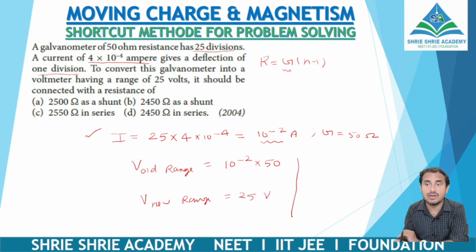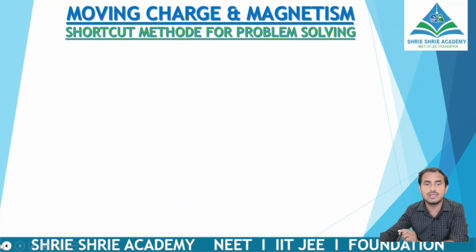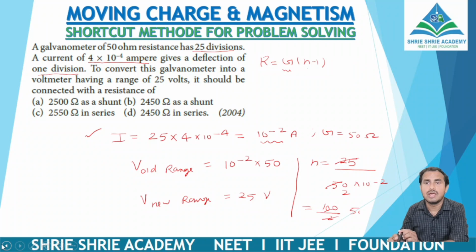So the N value is the new range by old range. New range is 25 volt. Old range is 50 into 10 to the power minus 2. So here you get 25 by 2, and if you take this, you get 100 by 2. So the N value is 50.